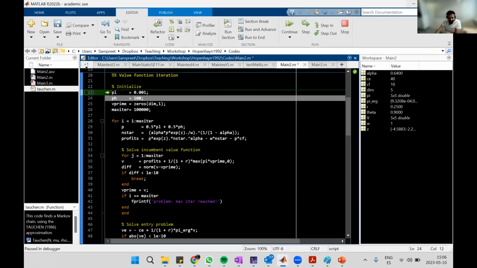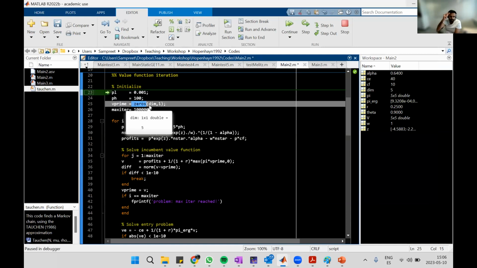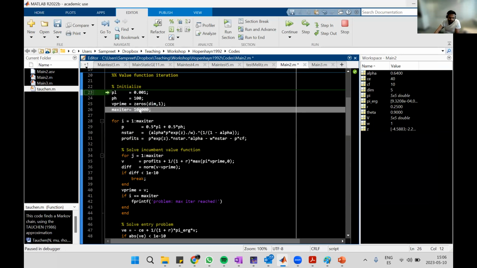So I'm saying I will guess the value function in the first period as 0, and I need to guess it for each Z type. So it should be of dimension 5 by 1, so the dimension is 5, one for each Z. And I'm saying the maximum iterations will be this, like I'm putting a random number. You can put smaller or bigger, but it doesn't matter.